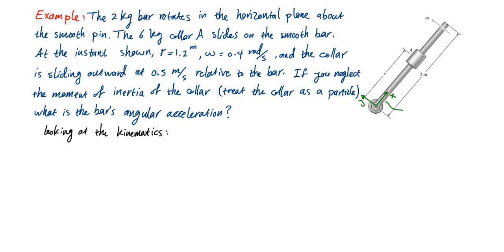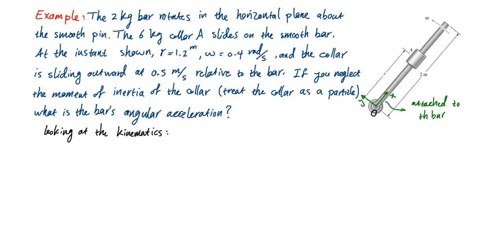So the frame is attached to the bar. And you can also call this point O because we're going to use it. Now, let's look at the acceleration.